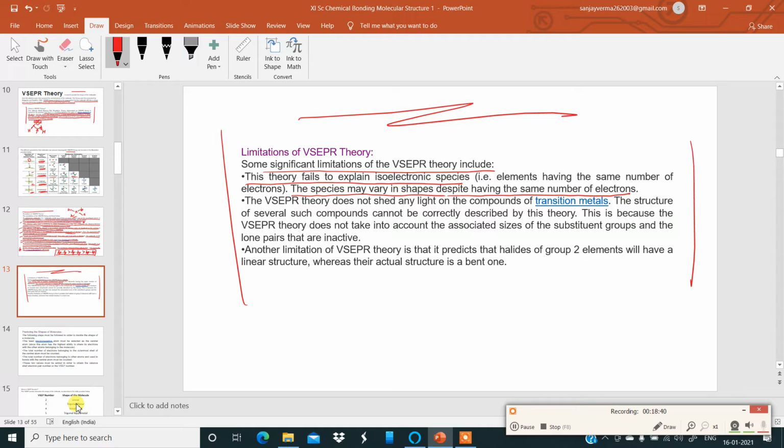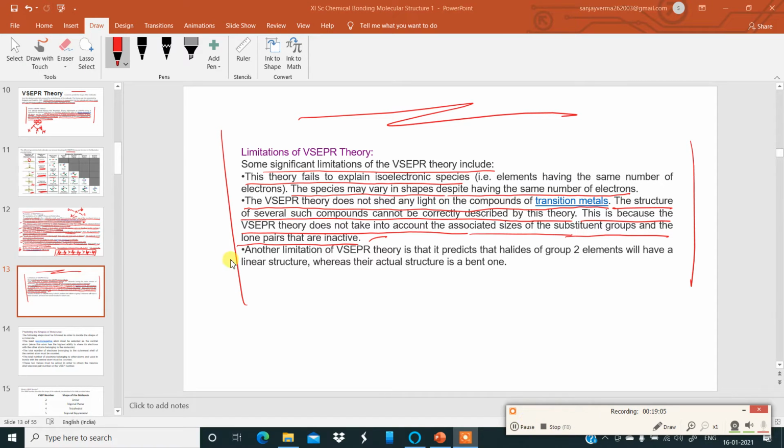Moreover, the VSEPR theory does not shed any light on the compounds of transition metals. The structure of several such compounds cannot be correctly described by this theory. This is because the VSEPR theory does not take into account the sizes of the substituent groups and the lone pairs that are inactive.